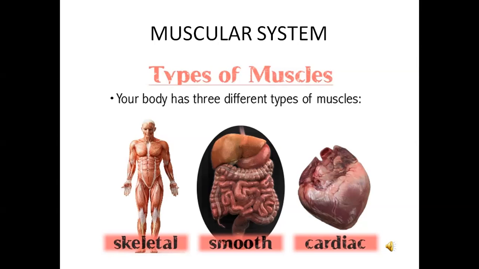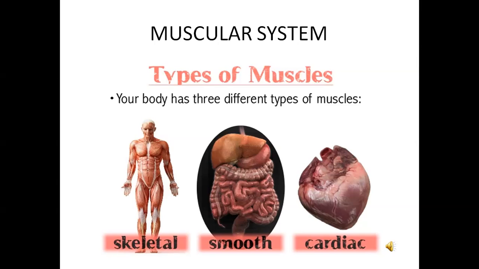There are three types of muscles, namely skeletal muscle, smooth muscle and cardiac muscle. How do muscles work? Muscles of the body can only pull and they cannot push.